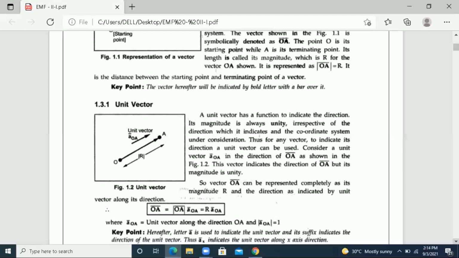Or in base 10, we count by 1. So to count, 4 is 1 plus 1 plus 1 plus 1. That is 4.